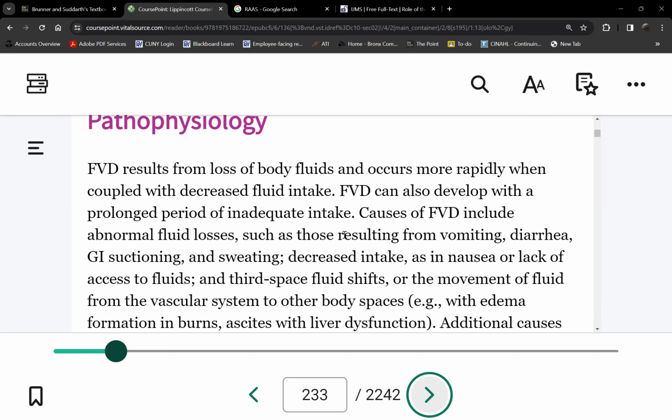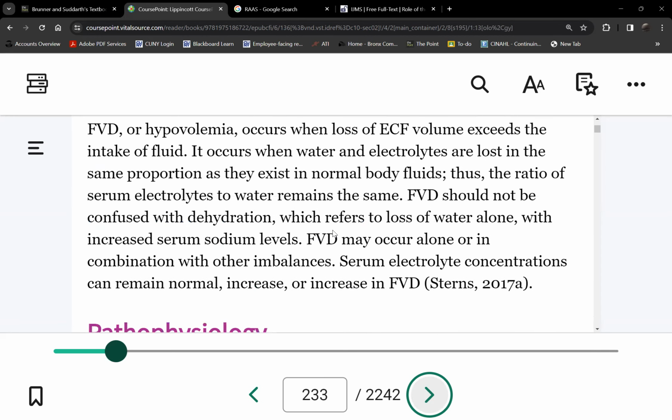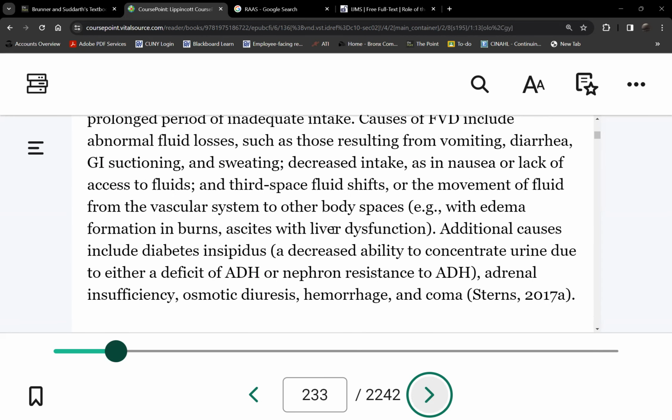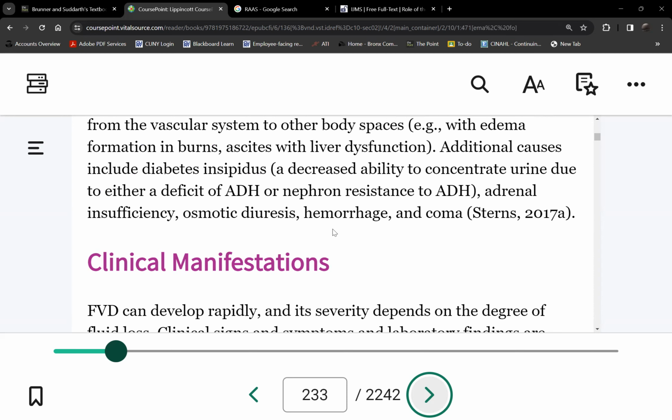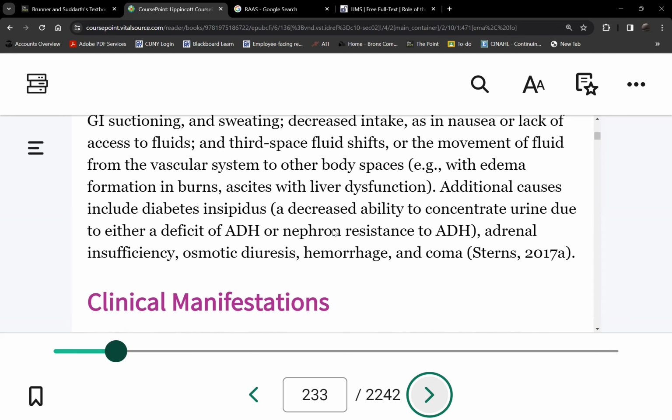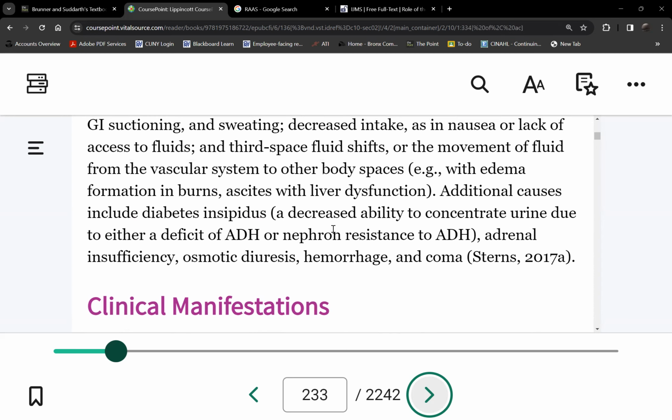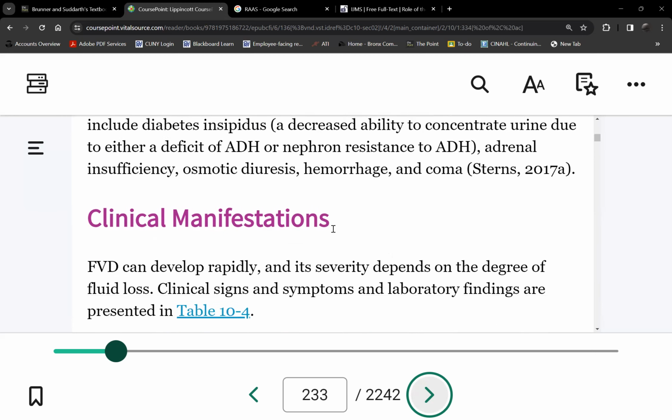So for chapter 10, we'll skip through the causes, okay? Although there was a table on the previous page listing a few of the causes, to say diabetes insipidus, dehydration, shock, etc. And then the same thing also for fluid overload.